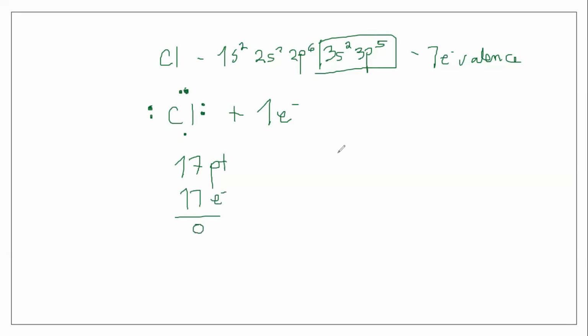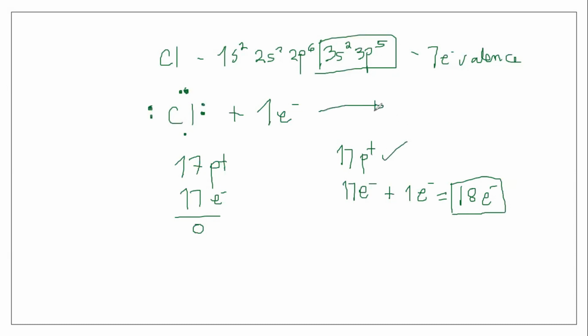So magdadagdag tayo ng isang electron dito, which will make it 18 electrons. So mas marami ang electrons compare mo sa proton. So therefore, you're just making chlorine negatively charged by 1. So this is the equation.